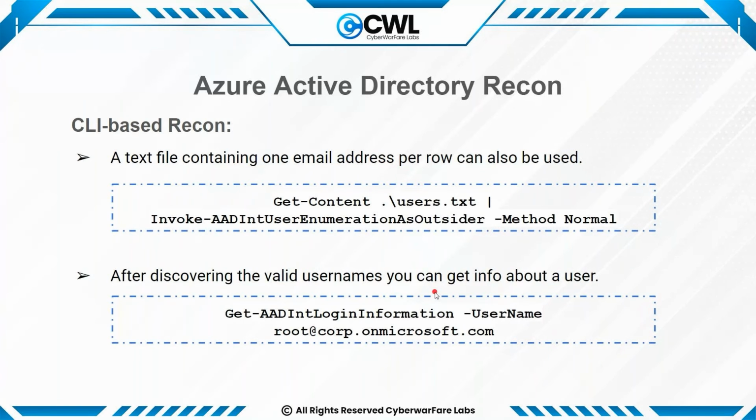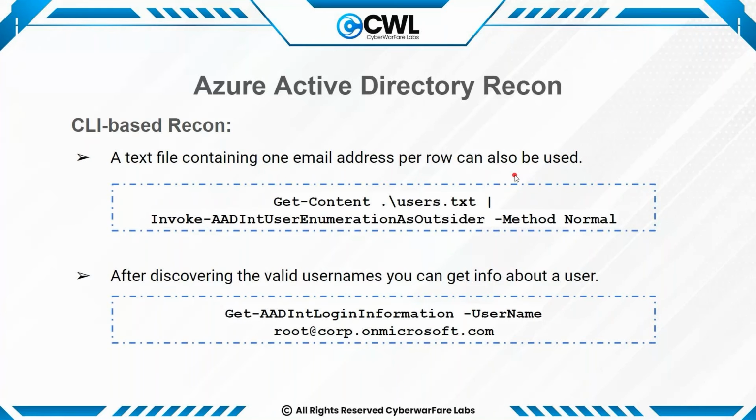Here you have to give the path of the file. And here we have Invoke-AADIntUserEnumerationAsOutsider. We have already discussed this cmdlet. The purpose of this command is to read a list of usernames or email addresses from user.txt, which means this particular text file contains email addresses. This is typically done to check if the user exists and to gather any publicly accessible information from it.